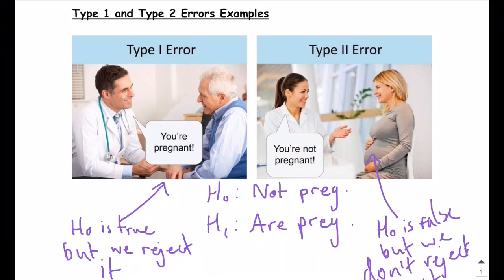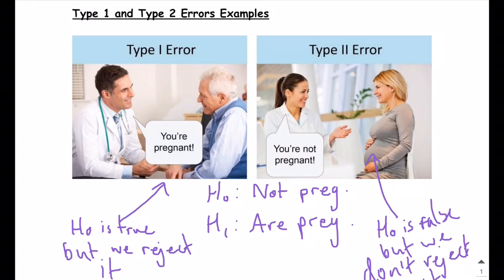The same maybe as if you were testing for a disease, then a type 1 error, okay, is bad because you're telling the person you do have this disease when they actually don't, which I guess isn't as bad, maybe, because at least then they find out that they don't have the disease later on, which is probably better, whereas a type 2 error is telling someone that they don't have a disease when they actually do, which is probably a bit more dangerous.